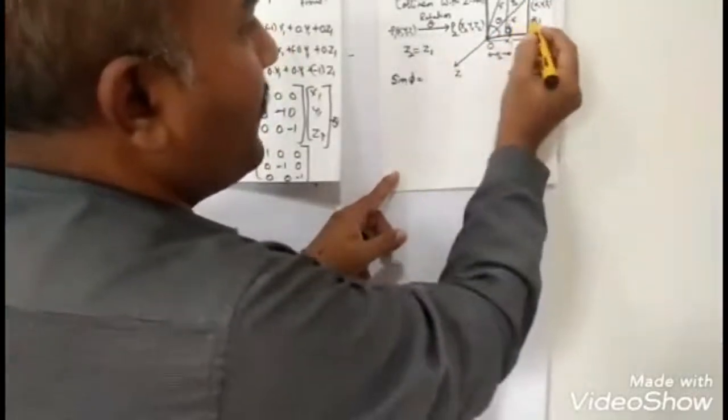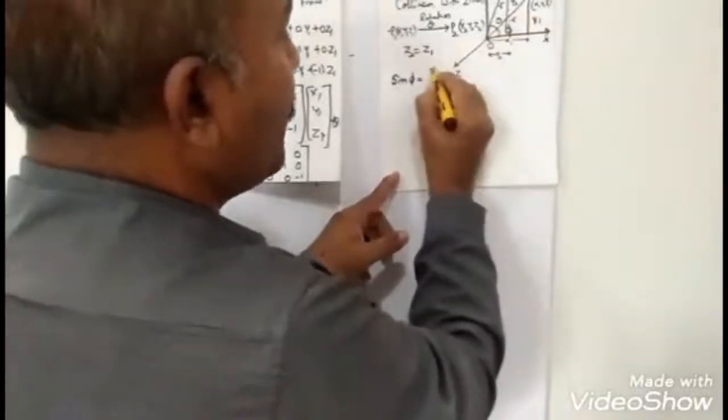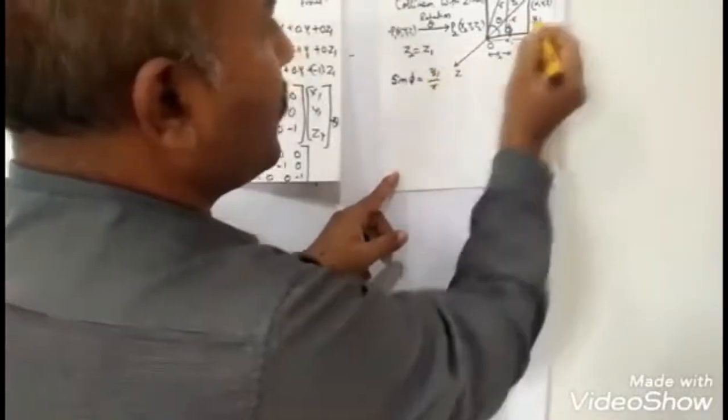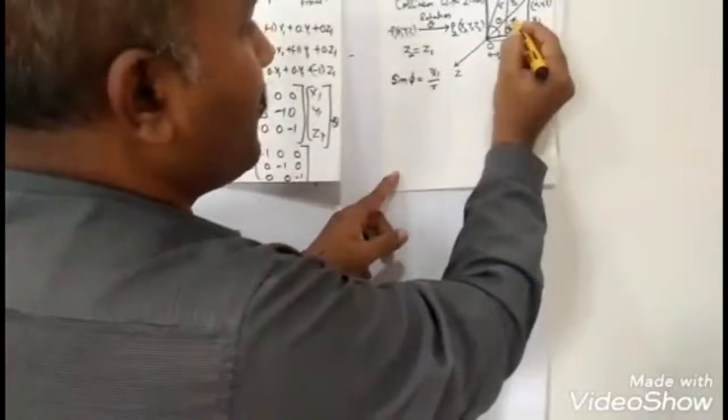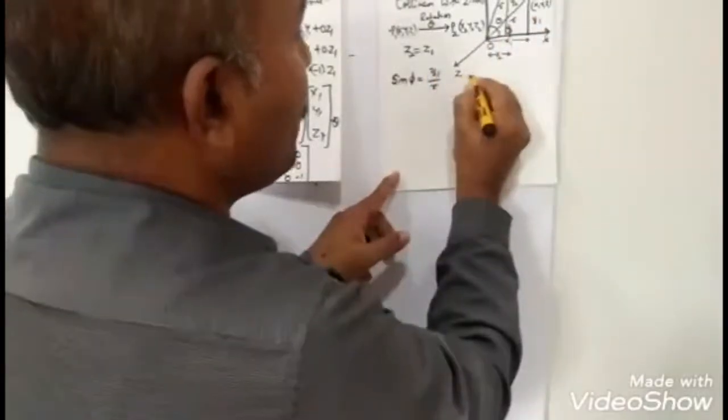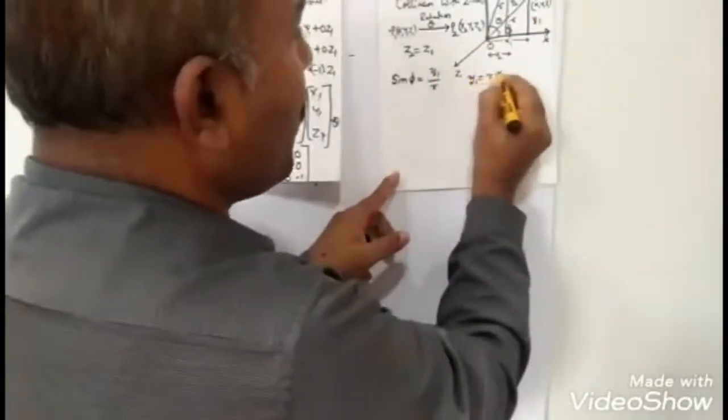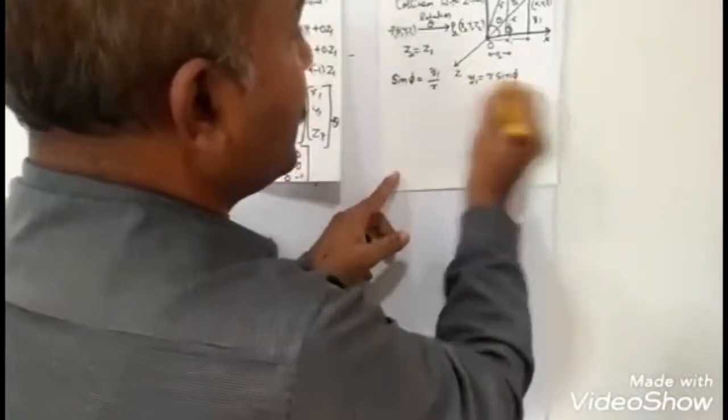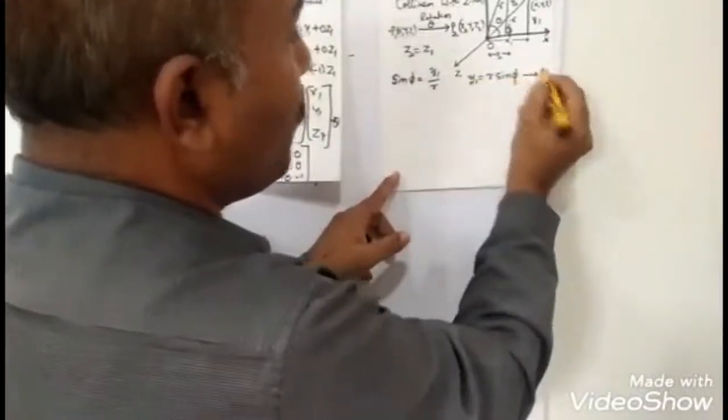So sin phi is equal to opposite by hypotenuse, y1 by r. Opposite is y1 and the hypotenuse is r. Then y1 is equal to r sin phi. Keep this as equation 1.